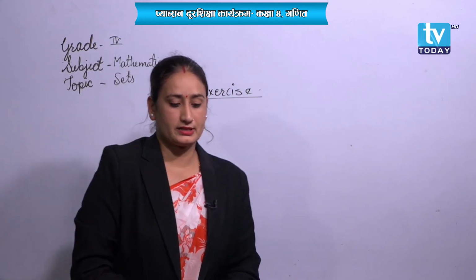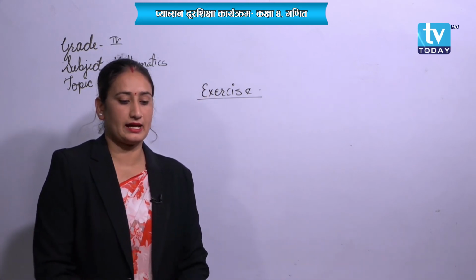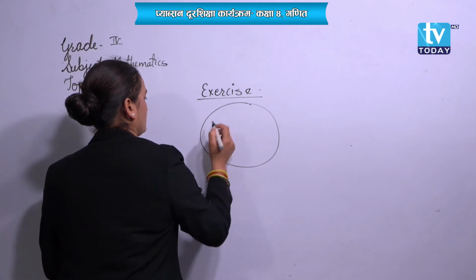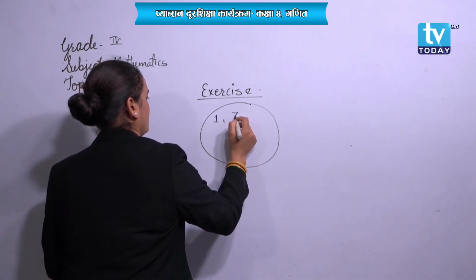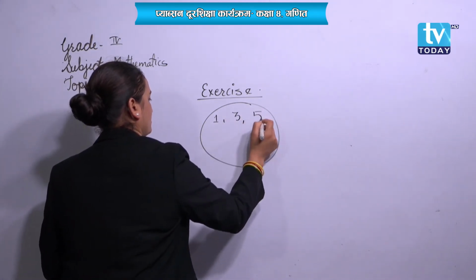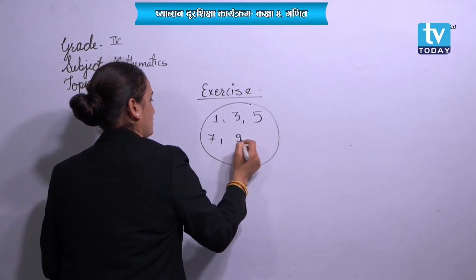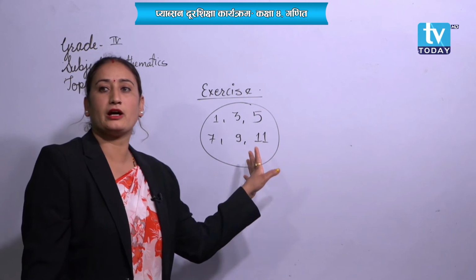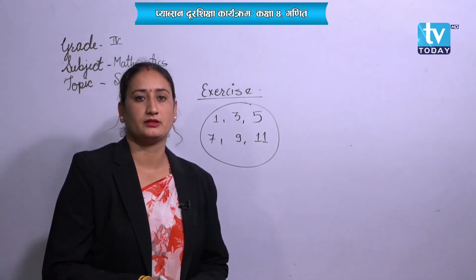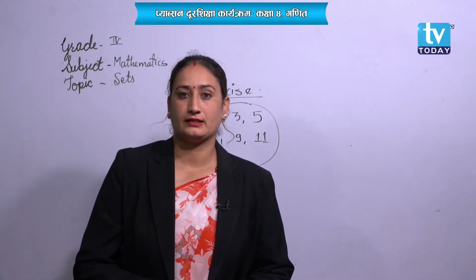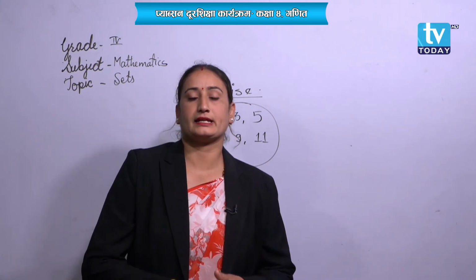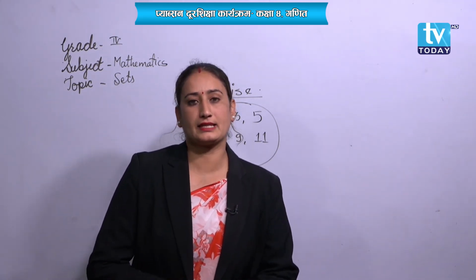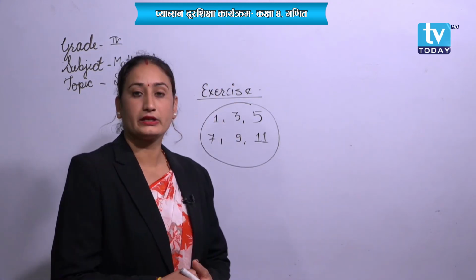Now, students, you have to tell me what we call this. It's a collection of odd numbers less than 13, right?